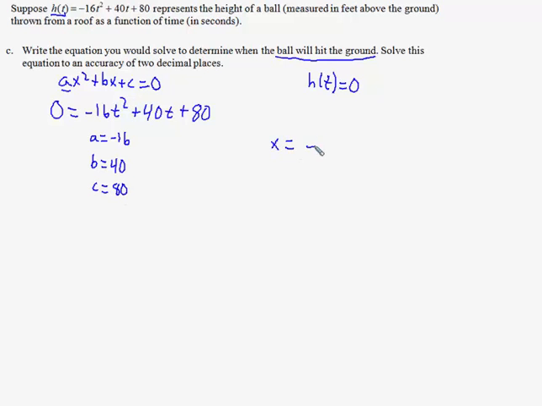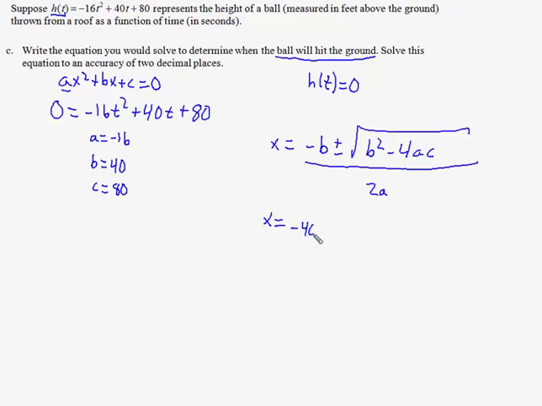I would proceed to plug those values into the quadratic formula, which was the opposite of b, plus or minus the square root of b squared minus 4ac, all divided by 2a, and again make sure that division bar goes all the way across. Now plugging those values in, since b is 40, the opposite of b would be negative 40.